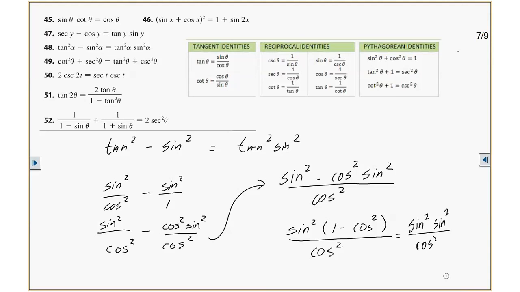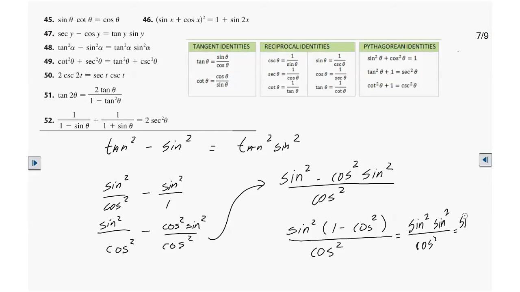That's the tangent, right? Right here is where we should have done it. I'm thinking that's the tangent right here. No, that shouldn't be it. That's going to be sine to the fourth, which is not going to help us.